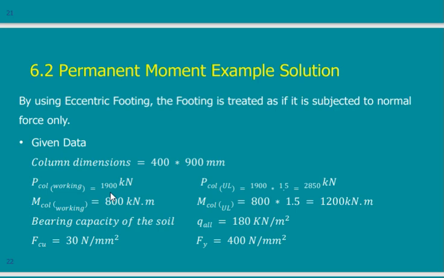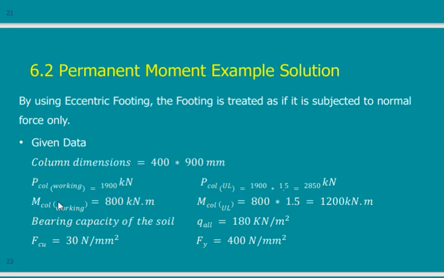So in my examples I always have to use both codes, because designing the area of the footing uses the geotechnical code, and designing the depth of the footing and the amount of reinforcement uses the RC code. Then I have to have both values for the loads.